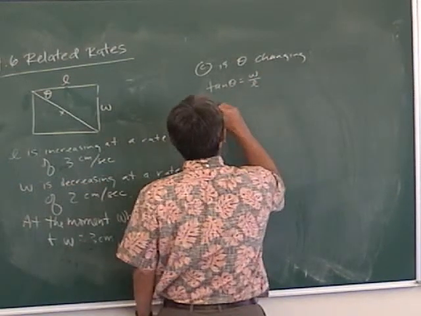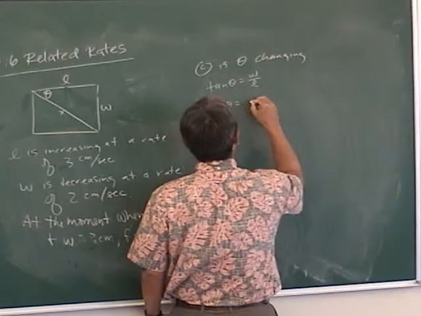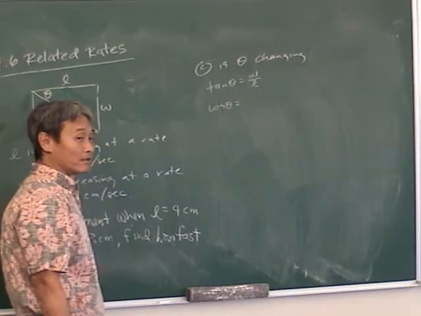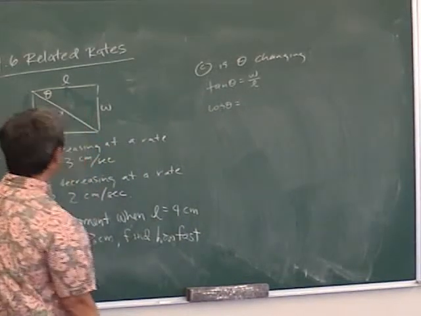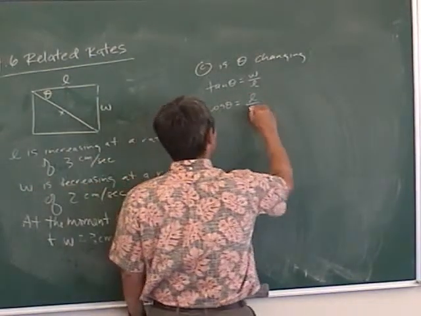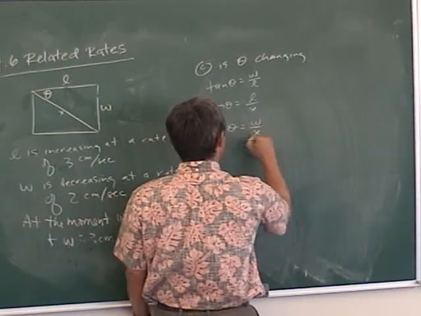Okay, how about cosine theta equals what? SOHCAHTOA, people. Do I have to write out SOHCAHTOA on the board? So cosine theta is adjacent over hypotenuse, L over x. Sine theta is equal to W over x.